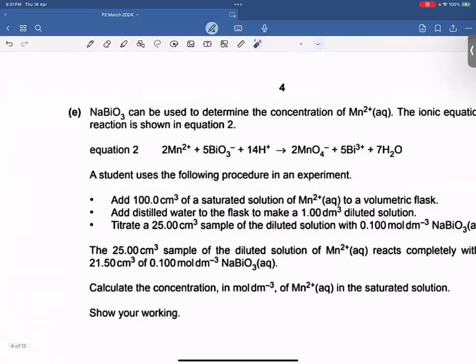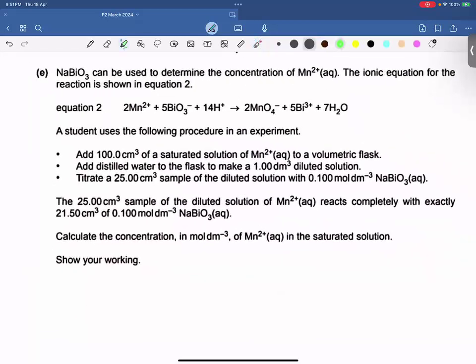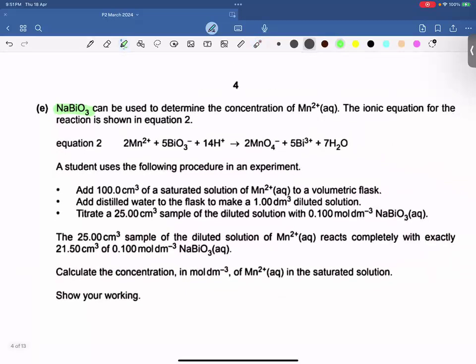Next, my goodness, calculation. NaBiO3 is basically an oxidizing agent. That's what the examiner told you about this compound. It is used to determine the concentration of Mn2+ ions.